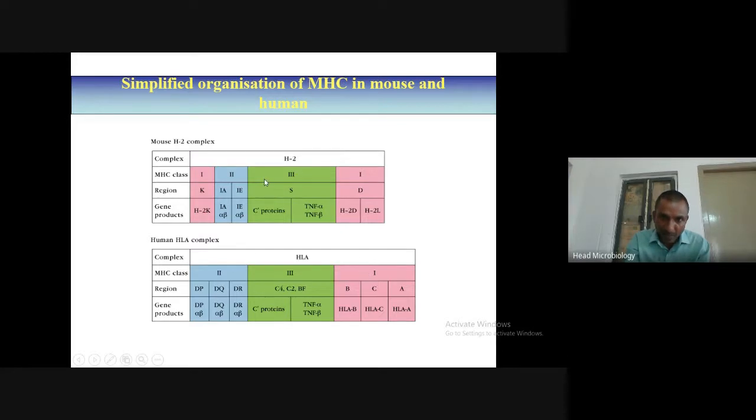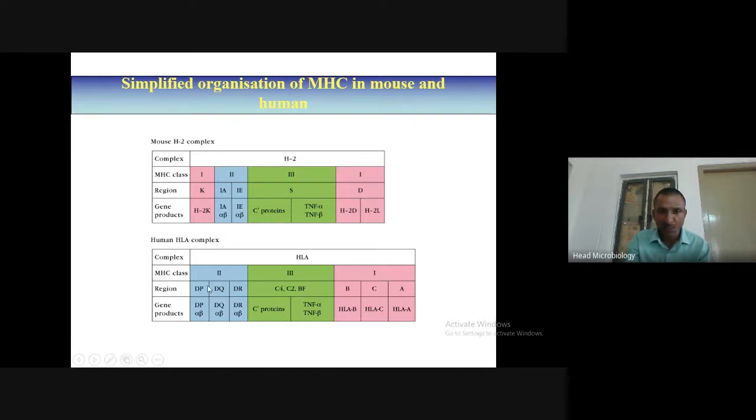In mice there are different major histocompatibility classes, 1, 2 and 3, and in humans also 1, 2, 3, but classes 1 and 2 are very active.